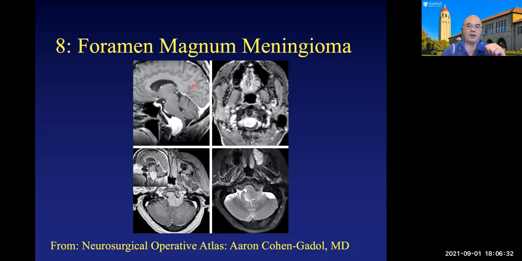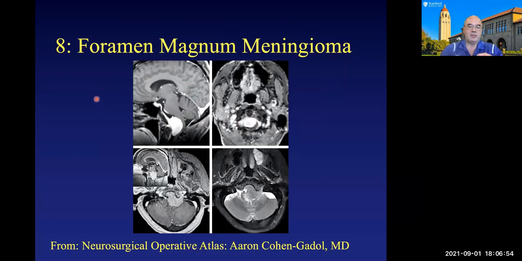This is a profile view here, and here's a large Foramen Magnum meningioma pushing on the spinal cord. You see the spinal cord is displaced, it's bent over the edge of the Foramen Magnum meningioma. This is a horizontal slice here. The meningioma is this white circle, white oval here, with the spinal cord being this gray crescent here.